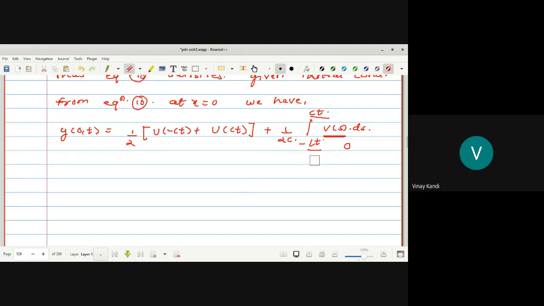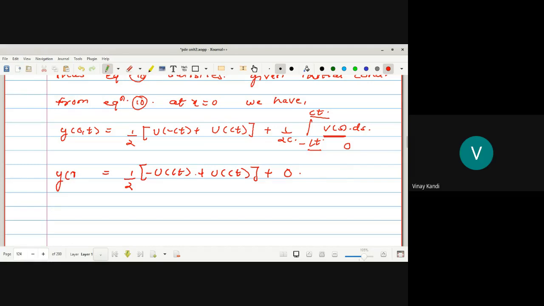So this term gets 0 because the integration limit is minus ct to plus ct and 1 upon 2 into, okay, what is u of minus ct is minus u of ct. Why? Because u of x is our function plus u of ct plus this one is 0.